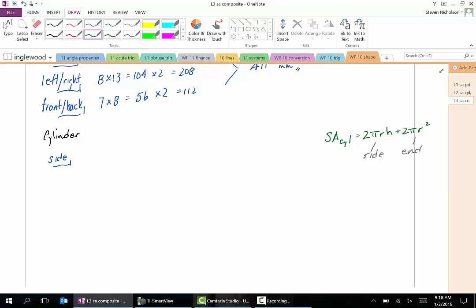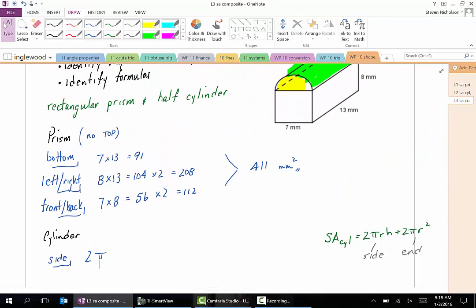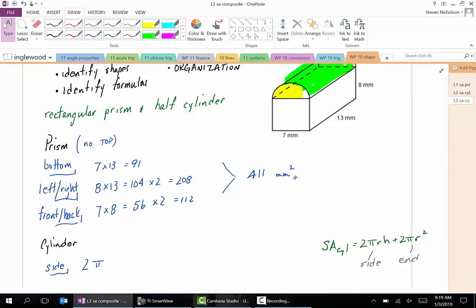So in this one right here, we have 2 times pi, and again, we could use the pi button or 3.14. And then we have the radius. Well, again, we don't have the radius, but what we do have is 7 millimeters, which represents the diameter of that cylinder.